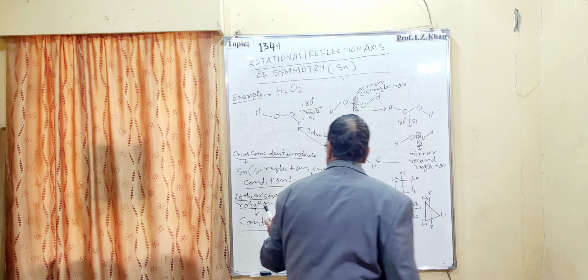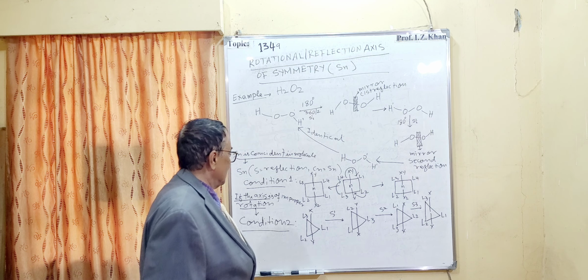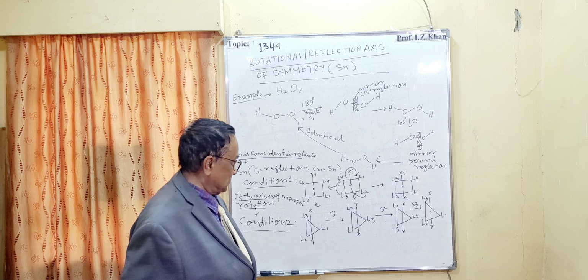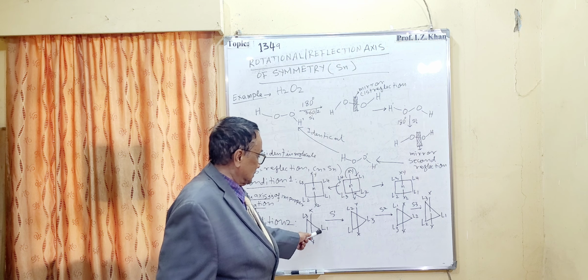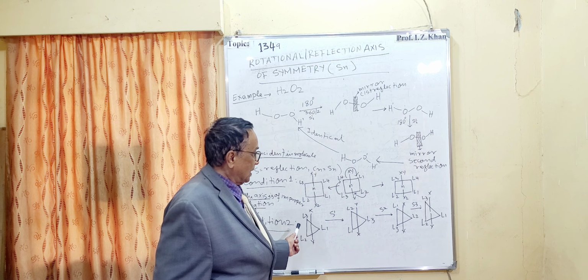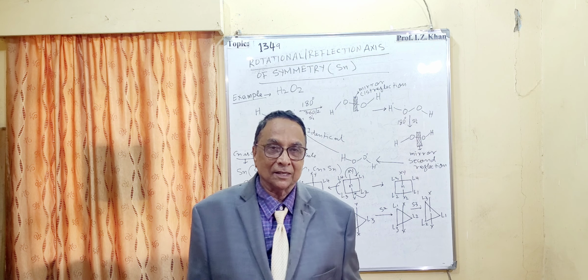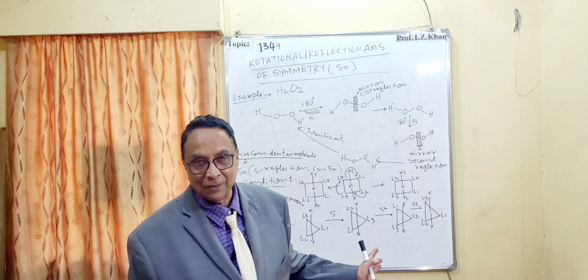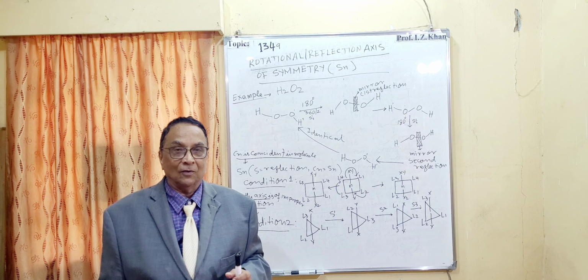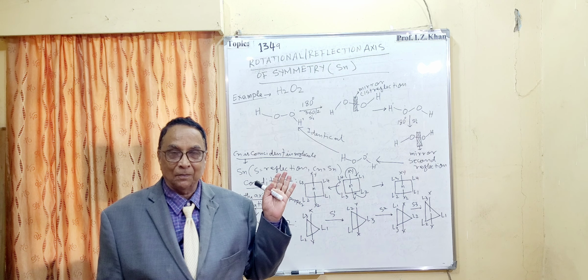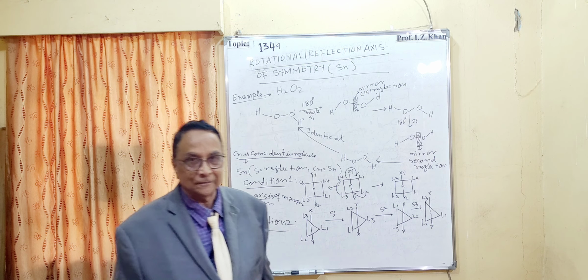But here it is actually an axis of improper rotation. In condition 2 also, if it is like BF3, meaning there are 3 F and boron, then it is an improper axis of rotation. So it will not have that symmetry which is expected, as I have demonstrated in H2O2.